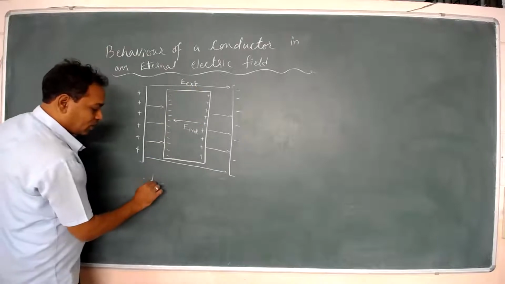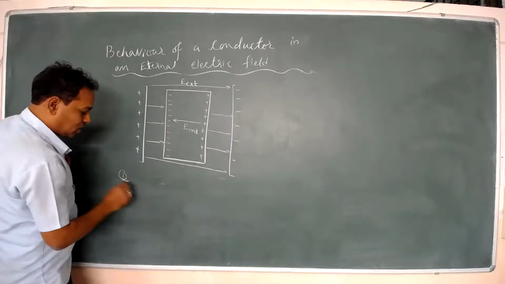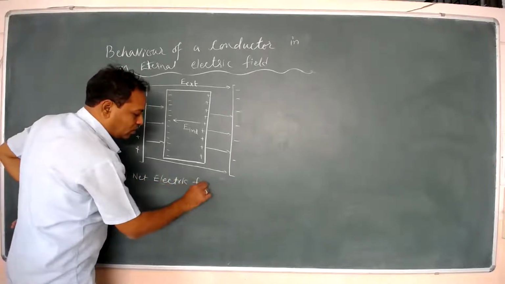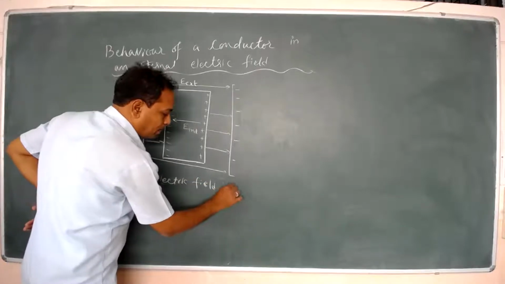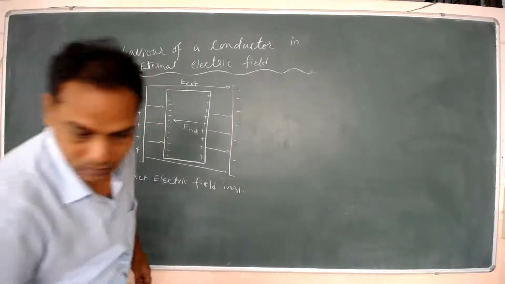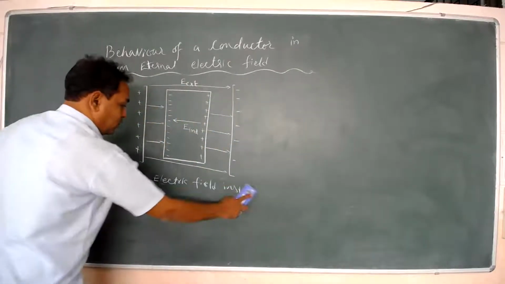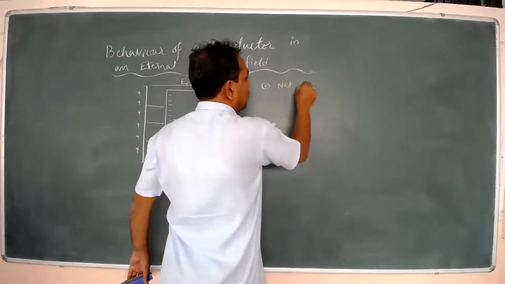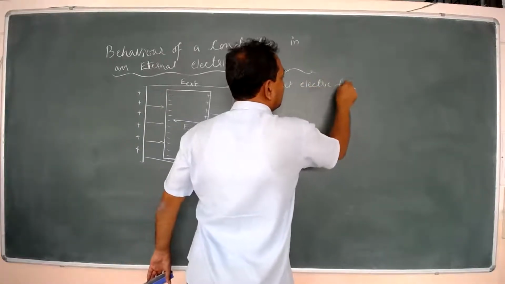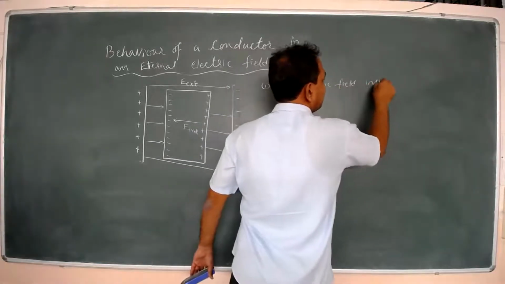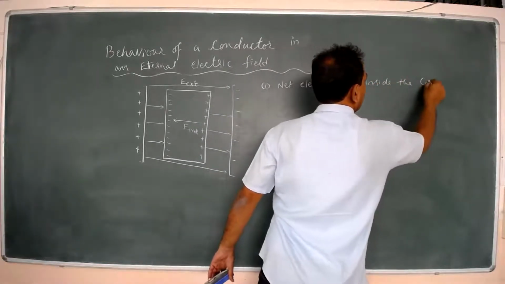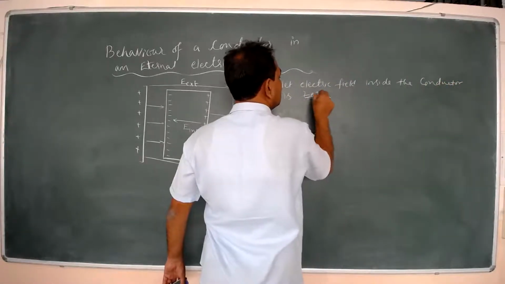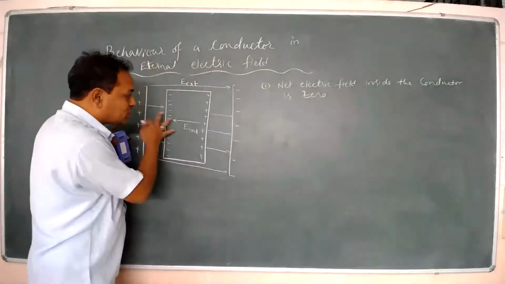Therefore, I can say, and I will write this point-wise, the first point: the net electric field inside the conductor is 0. That means when it is placed in an external electric field, the net electric field inside is 0.